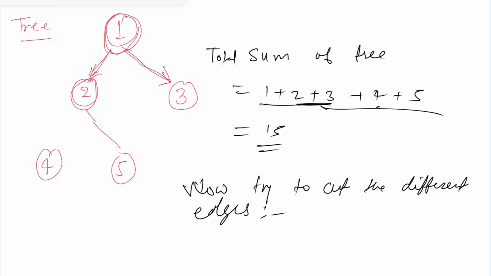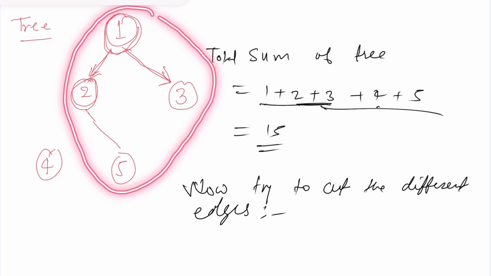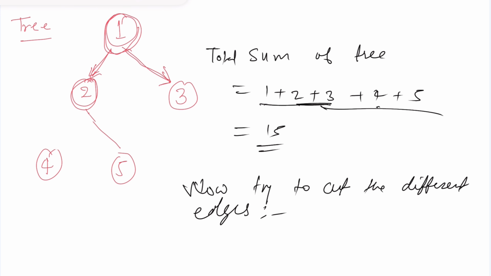After cutting this, there will be two binary trees, this one and this one. So the possibility if we cut between 2 and 4: the first subtree is A, whose value is 4, and then we have subtree B, whose value is 15 minus 4, which is 11. We can say that, right? It's easy.